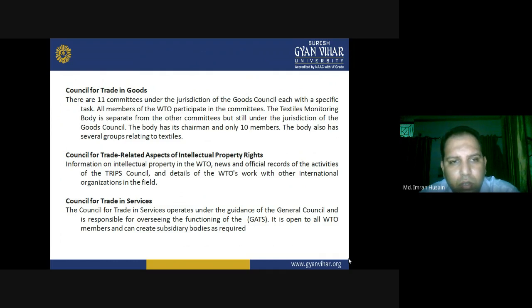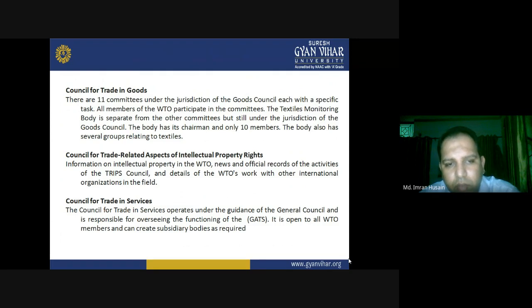The body also has several groups relating to textiles, the Council for Trade-Related Aspects of Intellectual Property Rights, information on intellectual property in WTO news and official records of the activities of the TRIPS Council, and details of the WTO's work with international organizations in the field.